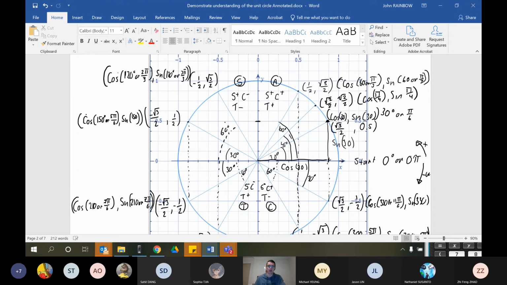So cos, if we have 45 over here, okay, that is going to be negative √2 on 2, because it's your x-coordinate first, which is cos, and then positive √2 on 2. And that's going to be 3 pi on 4, or you guys can figure out the degrees as well.